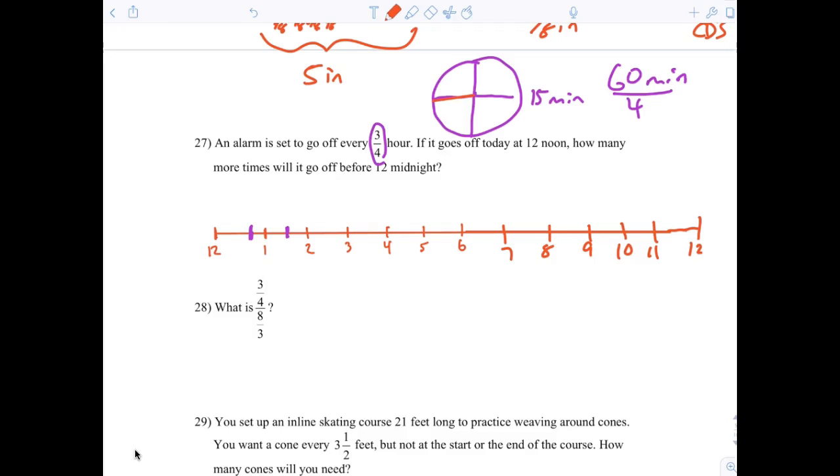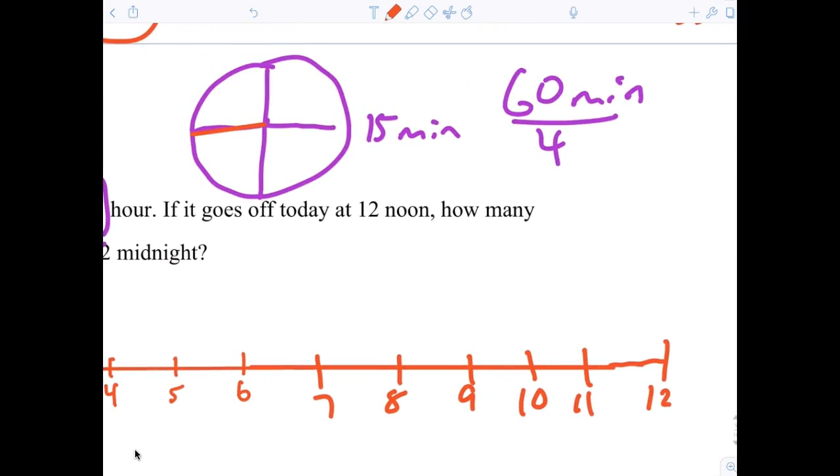So this is what I want to show you. 60 minutes. What that means is you're dividing up the hour by 4. So on your calculator, do 60 times 3/4. That's what that means now. Do you agree with that now? All right, is that helpful?